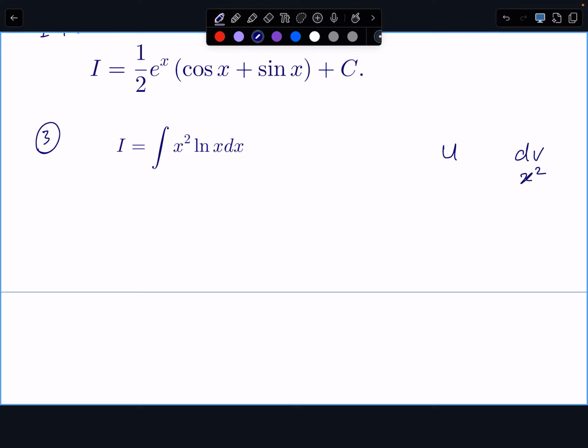So it's going to be x squared, and here there's going to be ln of x. So this is 1 over x. This is going to be x cubed over 3. This with this with this, plus, minus.